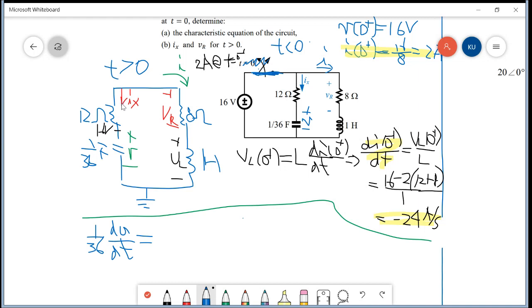So the current direction should be this way. But if we want to use I rather than Ix, it will be minus I rather than Ix. Actually it is equal to Ix.